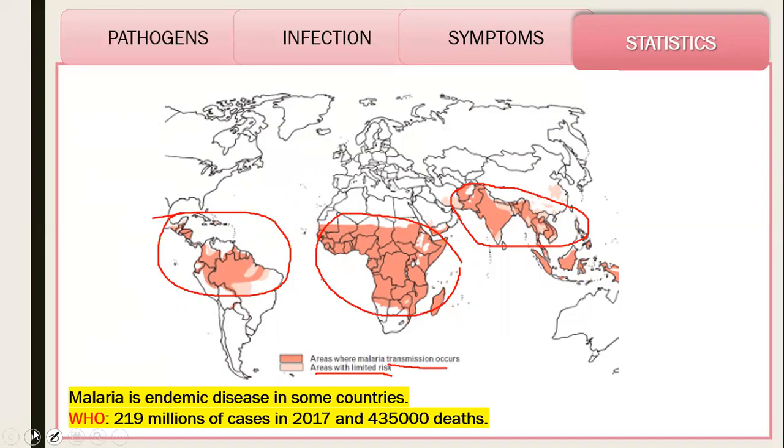And according to the WHO, it's a 30% decrease from 2010. So there's good news that strategies to prevent the disease are working. Within 7 years, the death toll, the number of people dead from the disease, decreased by up to 30%. But again, it still remains an endemic problem in these countries.